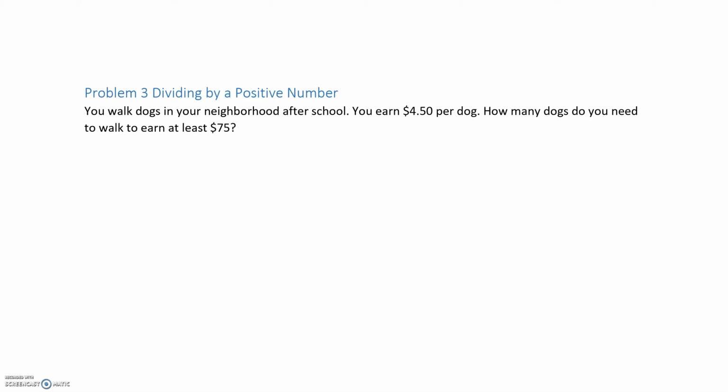In our last section, we had that whole chart that gave us all of our keywords to note. So we are going to have $4.50 per dog. So I'm just going to write x because we don't know how many dogs we have to walk. And when we say at least, that means it needs to be greater than or equal to that 75.